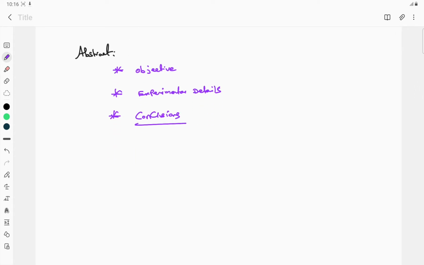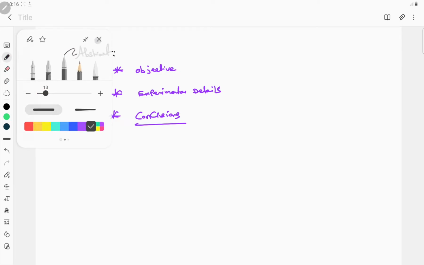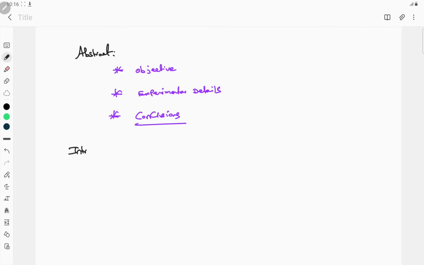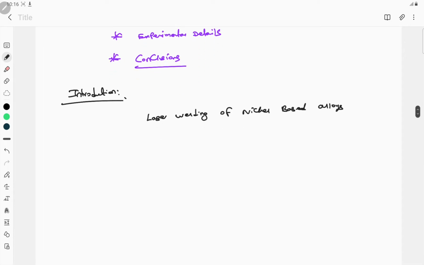Followed by that we will be having the introduction. In the introduction, the information we can get is that, suppose assume that the paper is related to laser welding of nickel based alloys. This is the topic on which the authors have done their research work.